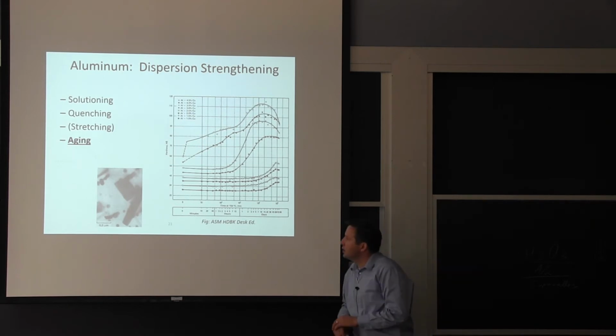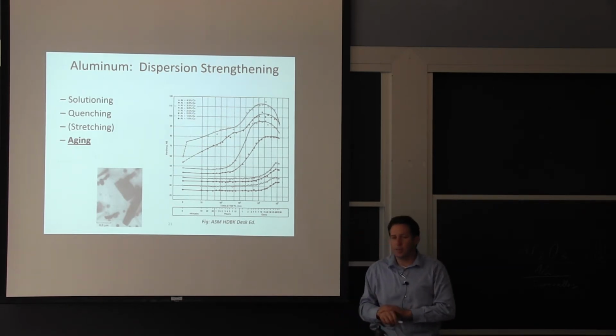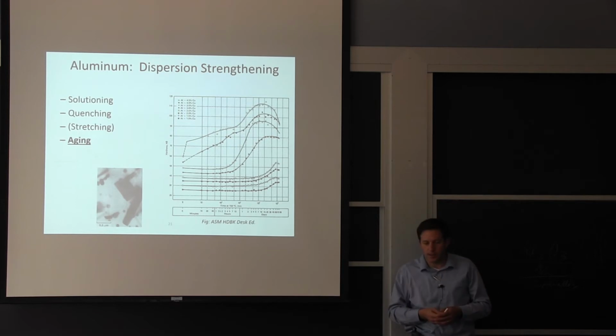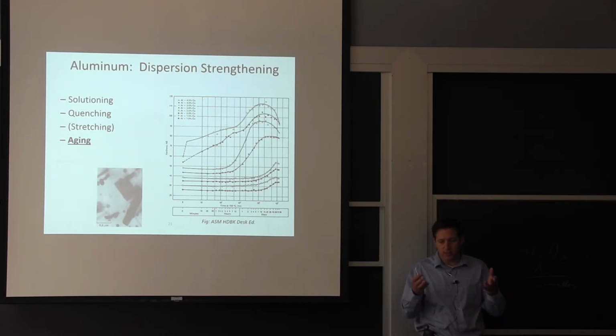The other heat treatment that we emphasize, and I mentioned it, is called dispersion hardening or precipitation hardening. The general idea is that I take the microstructure and it's supersaturated. Say if it's aluminum, it could be magnesium, it could be copper. I take that at high temperature and I freeze it.